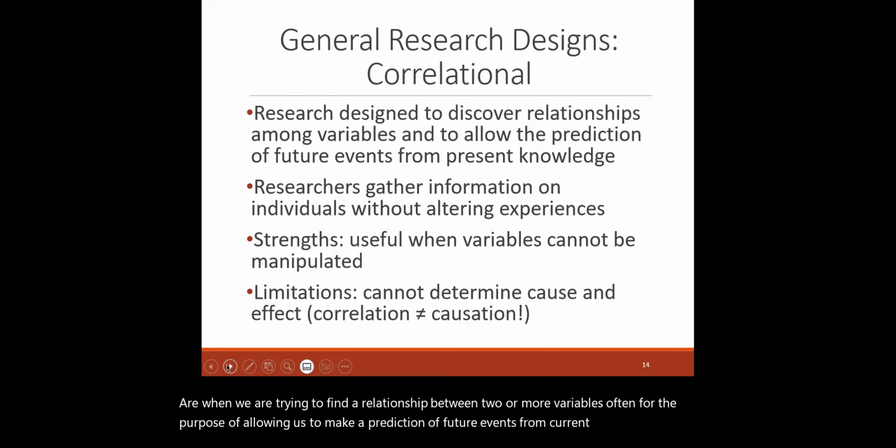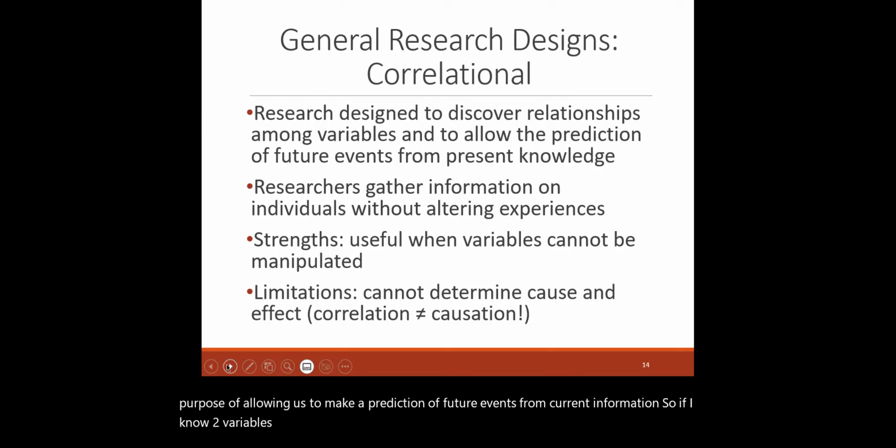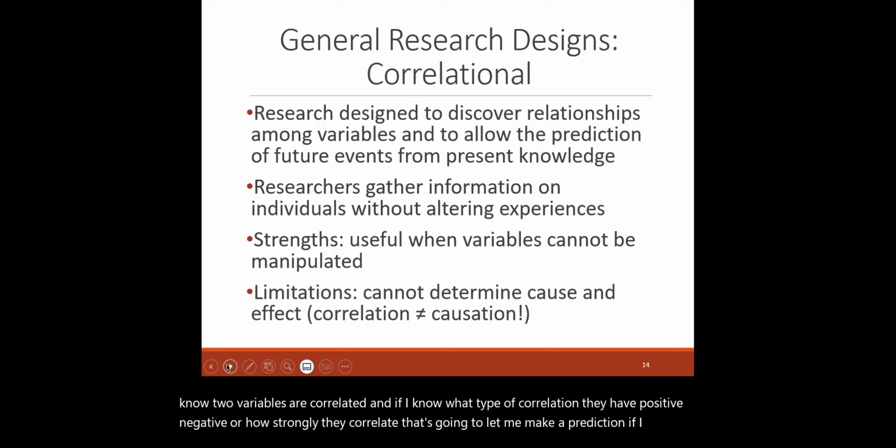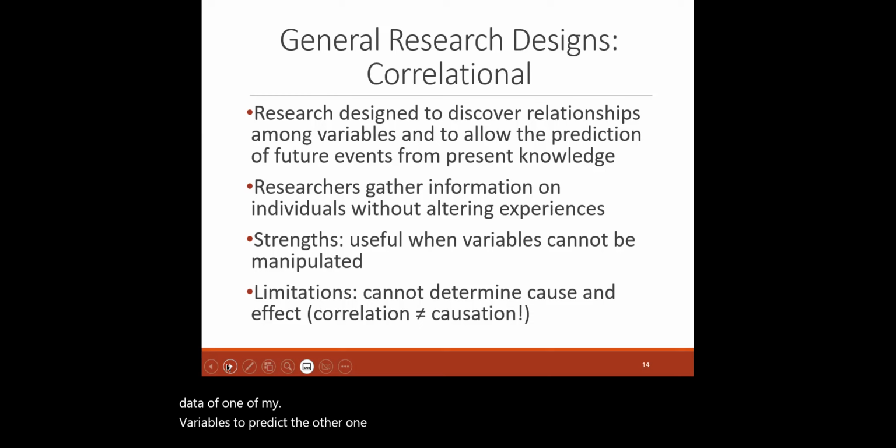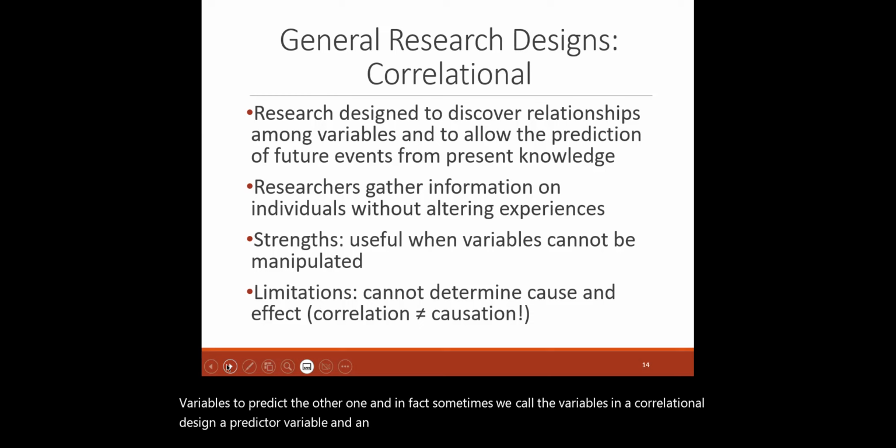So if I know two variables are correlated, and if I know what type of correlation they have, positive, negative, or how strongly they correlate, that's going to let me make a prediction if I know the data of one of my variables to predict the other one. And in fact, sometimes we call the variables in a correlational design a predictor variable and an outcome variable.